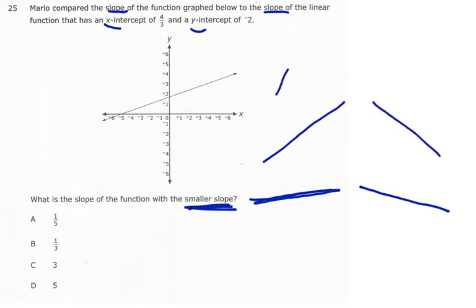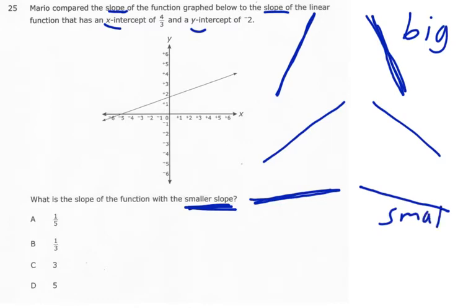Well, slopes can be either flat, have a slight increase or a slight decrease, or they can be in the middle, or they can be really steep. Think of a ski slope, like a black diamond on a ski slope. So this would be classified a big slope, that would be a small slope.